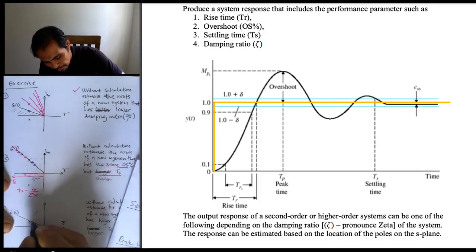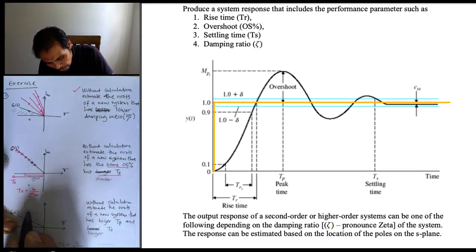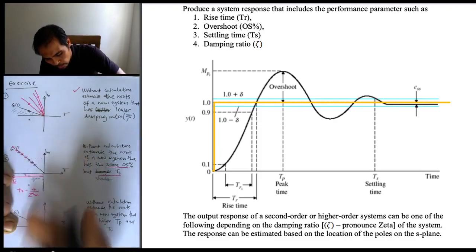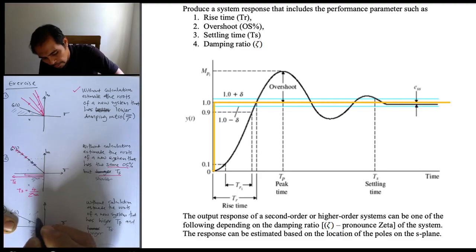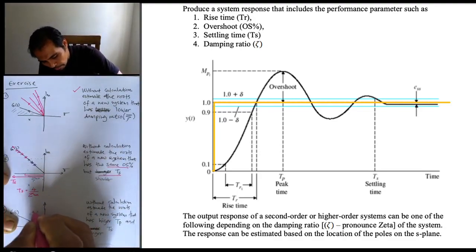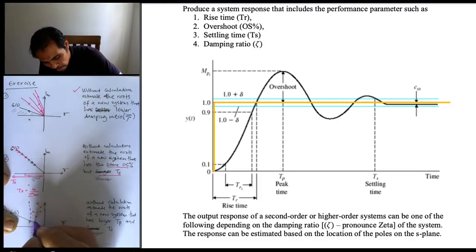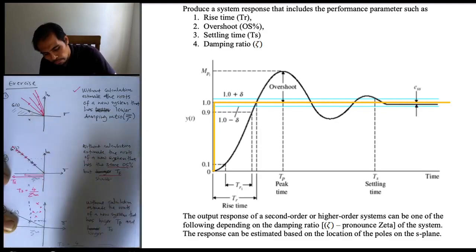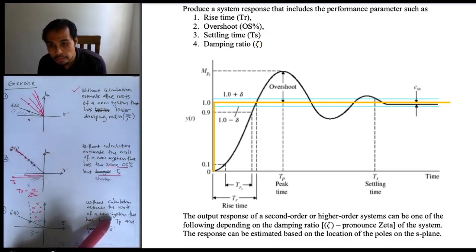So we can place the system anywhere within this one that will increase the TS, and above this point will increase the TP. So any system within this region, okay, any system within this region, will fulfill this criteria.